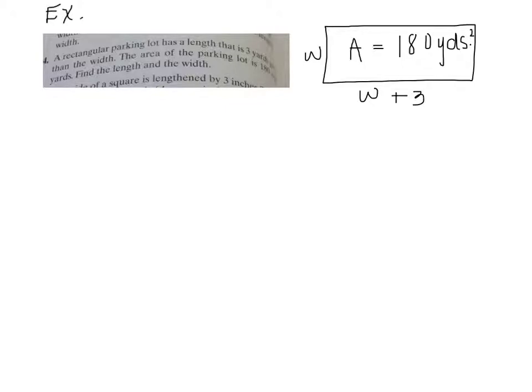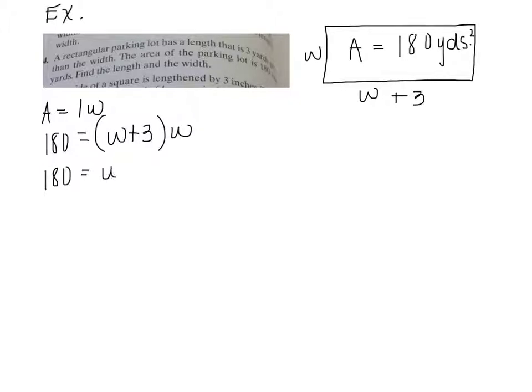Find the length and the width. So you know area of a rectangle is length times width. We know the area, which is 180. The length is W plus 3. And the width is just W.